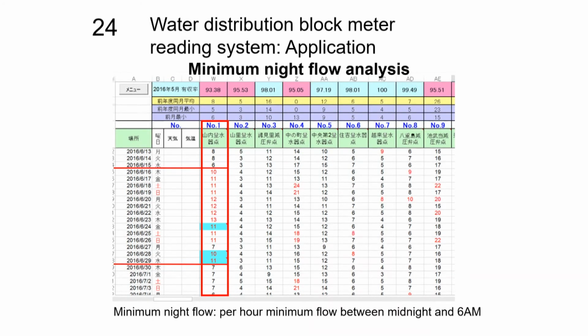The minimum night flow on June 16th was 10 cubic meters per hour. Since the increase in value from the previous day suggested leak, we conducted detection work and repaired the leak found. After the repair, minimum night flow went back to normal from June 30th.